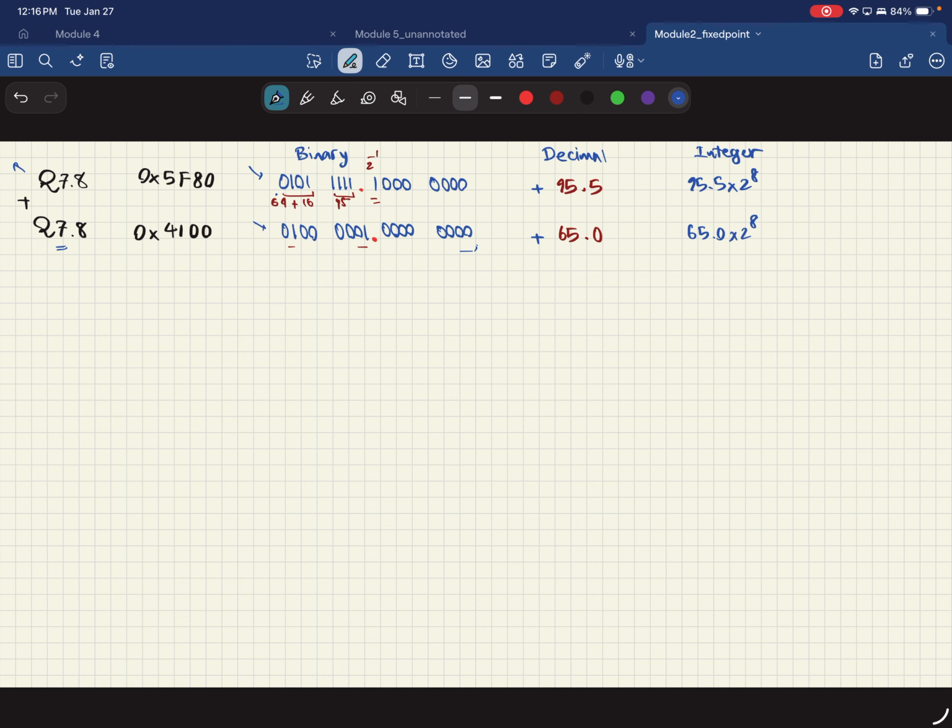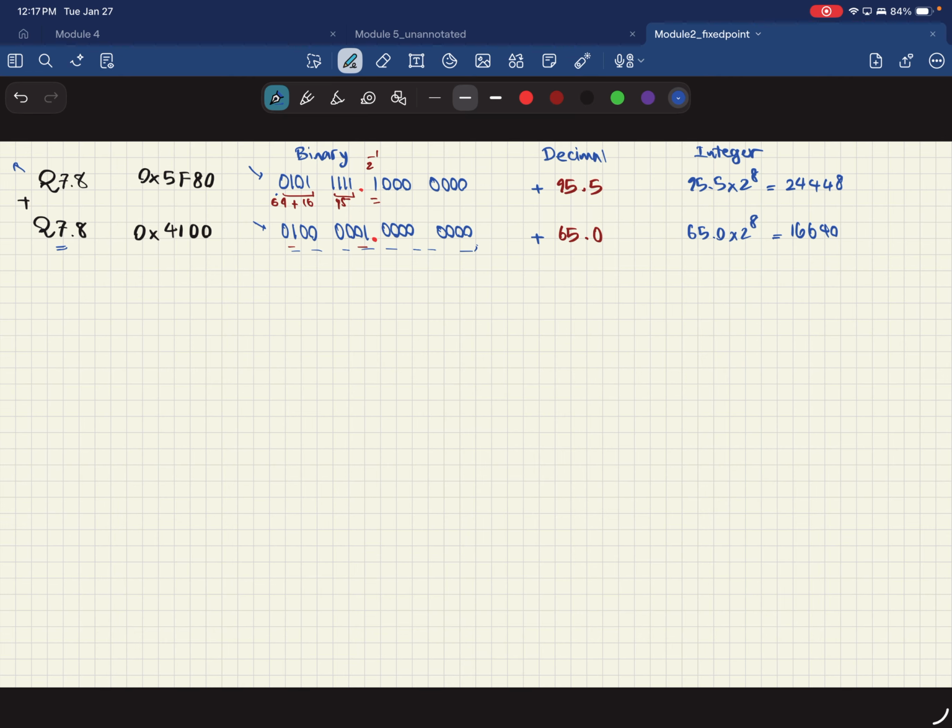Or you just put this binary string in your calculator in programmer mode and see what the decimal is, and it's going to be what you see on the screen. This one is 24,448, and this one is 16,640. So you see how each of these have different meanings.